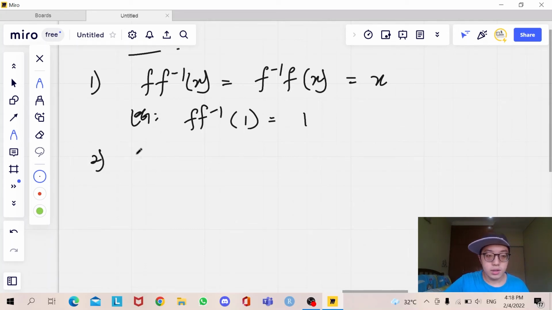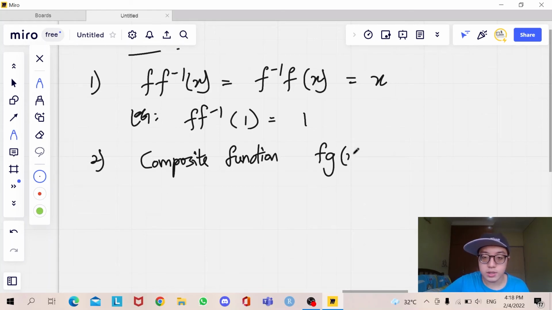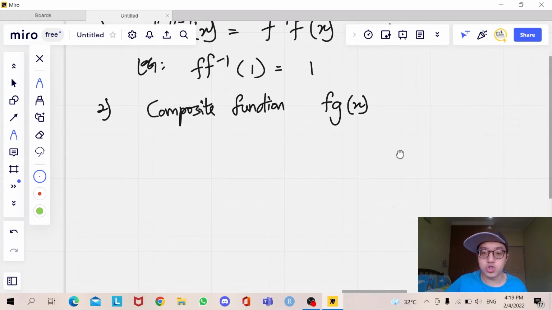There's a rule here for composite functions. For a composite function, let's say fg(x), you are to do g before you do f. So the rule is as so.